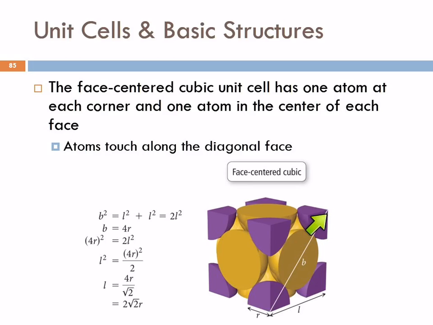The body-centered cubic touched from the corner of one cube diagonally across to the corner on the other side. But here, they touch diagonally along one face. And so finding the length of L is not quite as complicated, but it ends up being that L is equal to 2 times the square root of 2 times R. That's face-centered cubic.